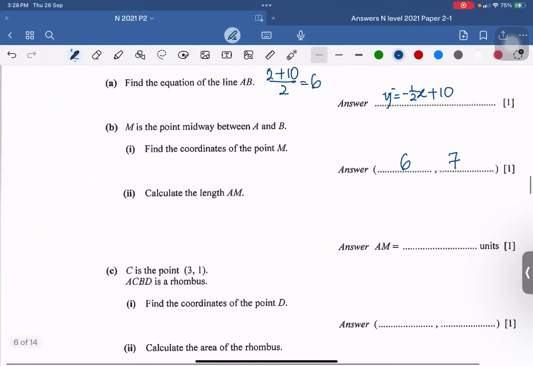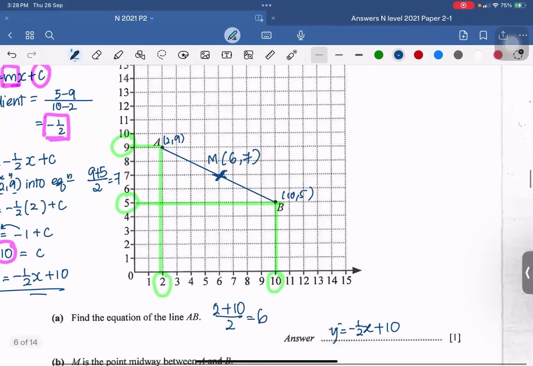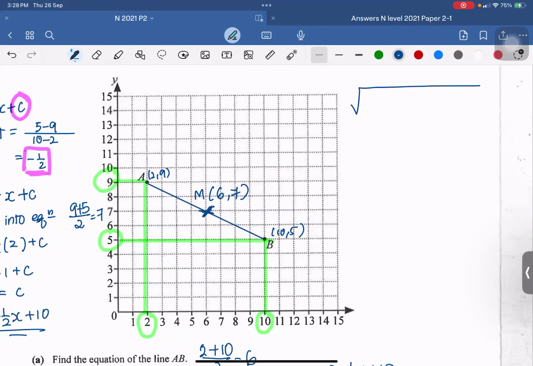Next one, calculate the length of AM. I'm going to use these two coordinates. Anyone remember the formula? It looks something like Pythagoras' theorem. What's inside the brackets? X2 minus x1, y2 minus y1. Please study the formula sheet or remember the formula.